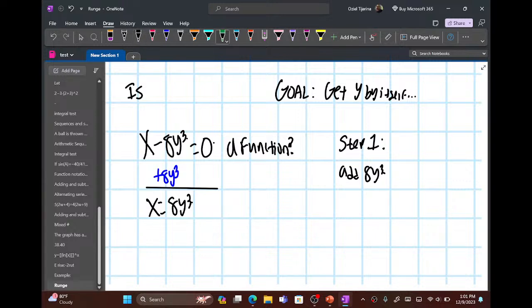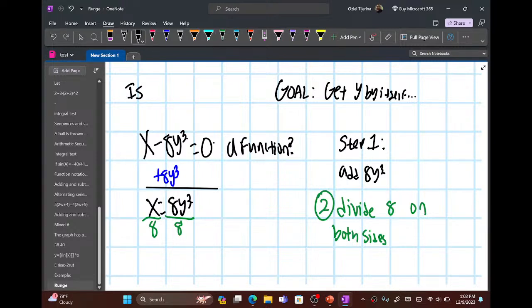Number 2, we're going to divide 8 on both sides. So if we do that, we get x over 8, or 1/8 x equals y cubed.